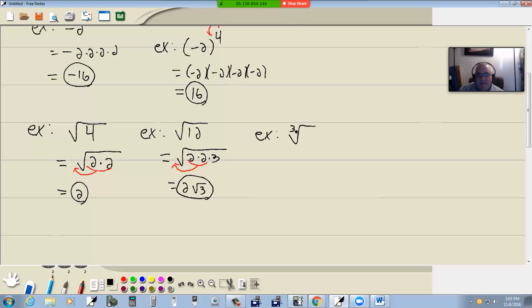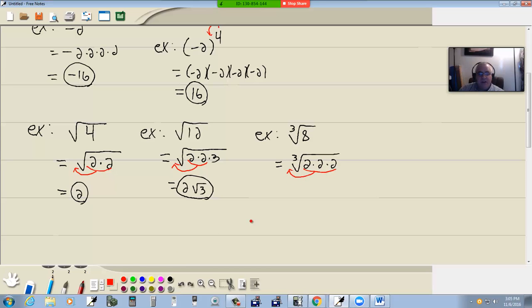Now if we have a 3 in this slot right here, if you don't have a number in there, it's by default 2, it's a square root. And you're looking for pairs of something. If you have a 3 there, we're looking for a set of 3 of something. If I do the prime factorization of 8, that's 2 times 2 times 2. And you notice we have 3 2's.